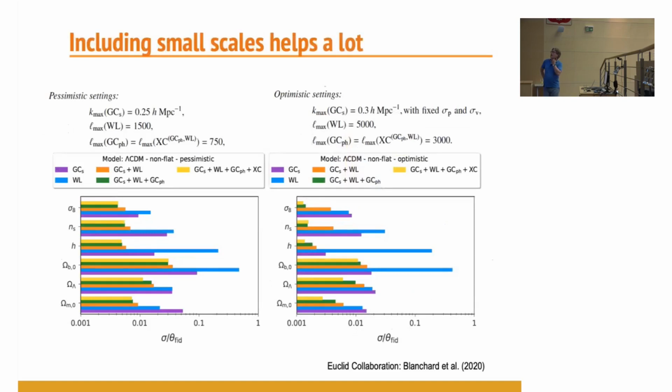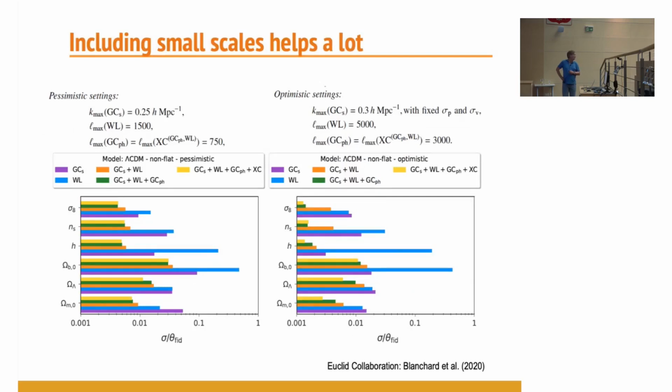And something I actually plan to work on in the coming years, and got an ERC Advanced grant to explore, is to really push to smaller scales. Because here you see all kinds of parameters, and you see that when you combine probes, your error bars shrink compared to the single probe cases. But what is more important is to compare left and right, pessimistic and optimistic.